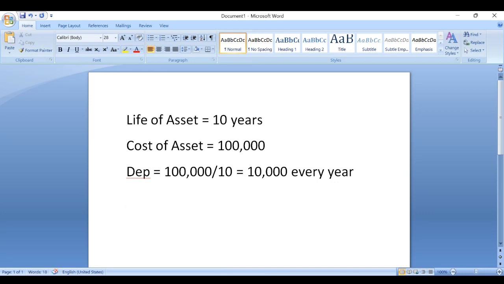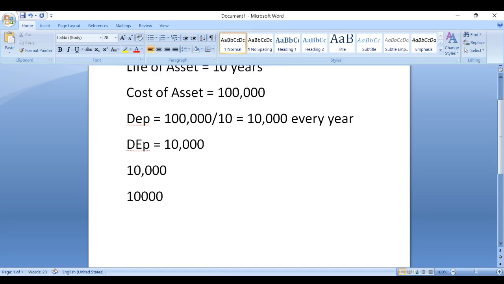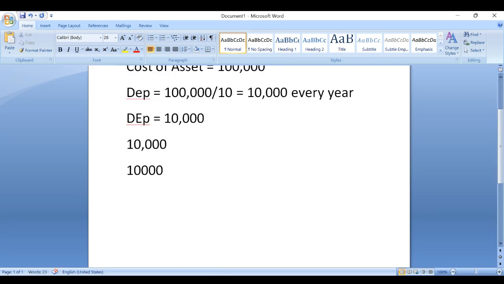So depreciation will be 10,000 in the first year, second year 10,000, third year 10,000. This way it will go to the 10th year, which is equal to 10,000.